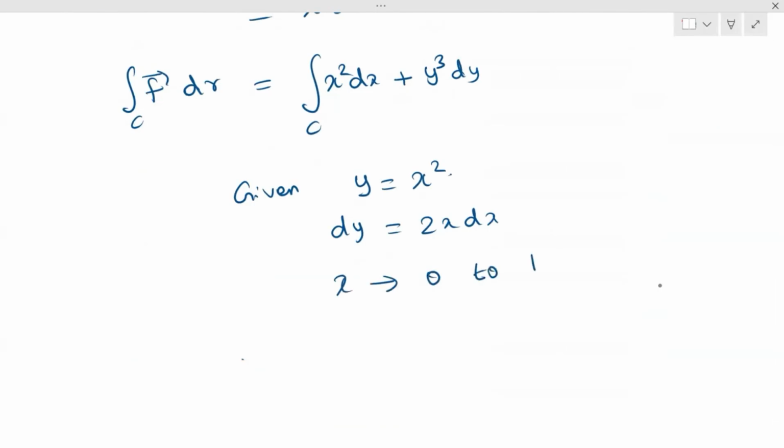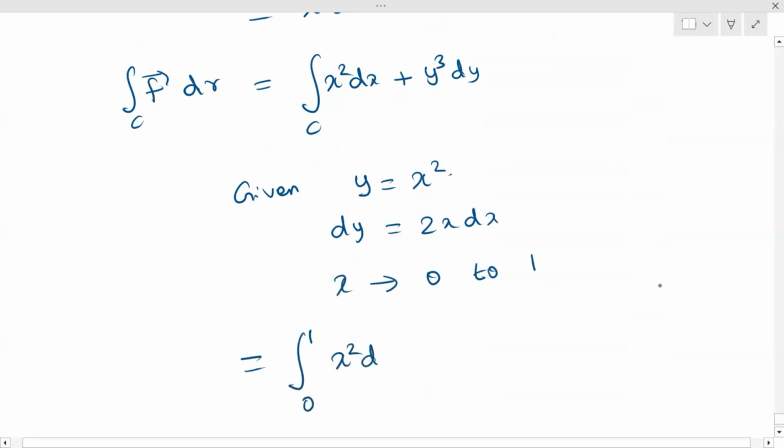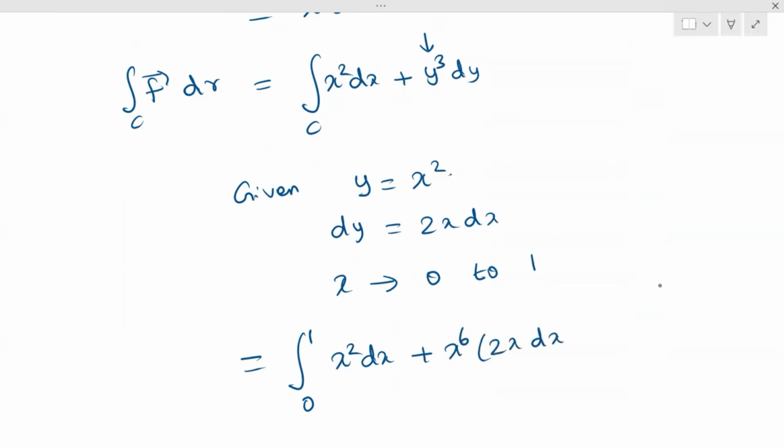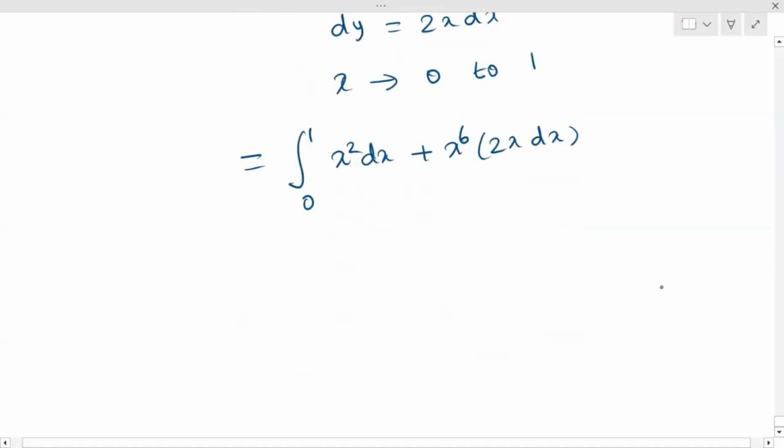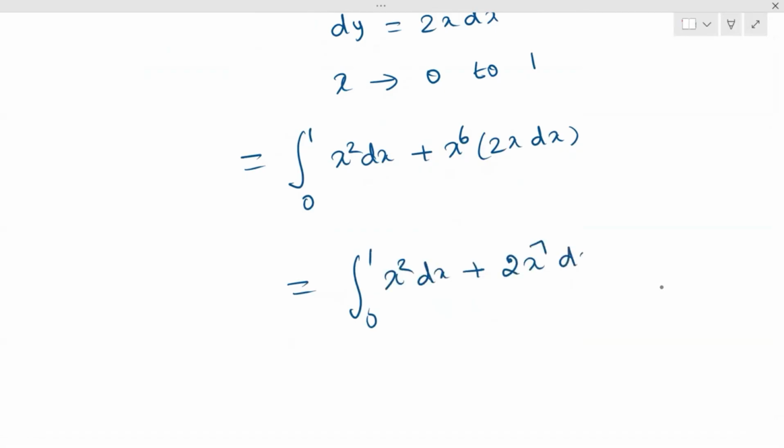So the given integral is the integral from 0 to 1 of x squared dx. In the place of y, we substitute y equals x squared, so we get x to the power 6, and dy is 2x dx. So this equals the integral from 0 to 1 of x squared dx plus 2x to the power 7 dx.